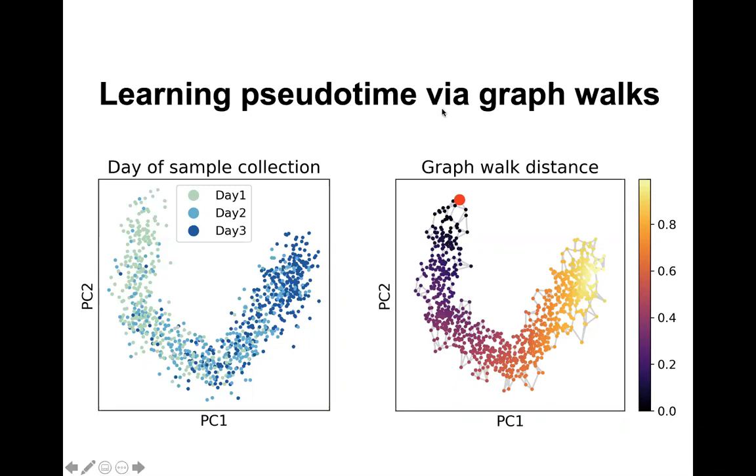So this is just an ordering. It says, how far are you along the graph from that first point? This is essentially the same idea as diffusion pseudotime, but instead of just looking specifically at graph walks, we look at diffusion distances, which simulate many, many walks and ask, if you were to take 10 steps, how likely were you to be at one point or another?